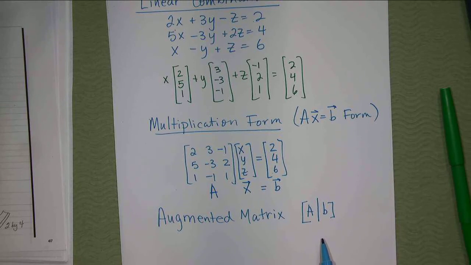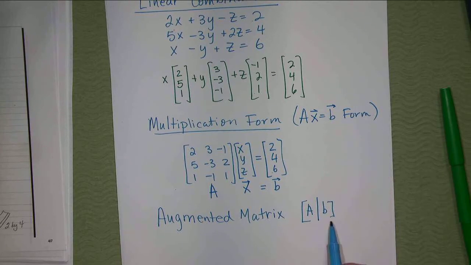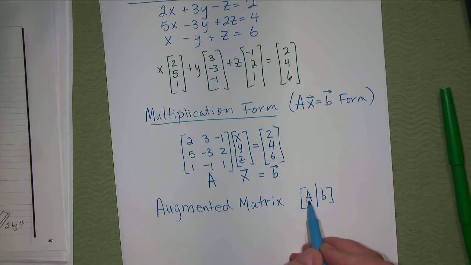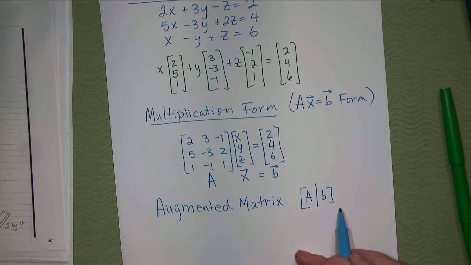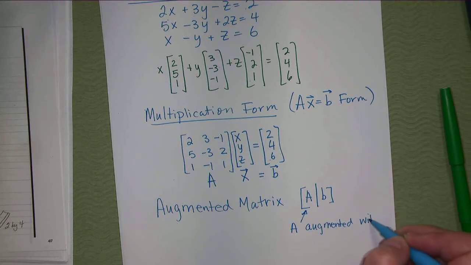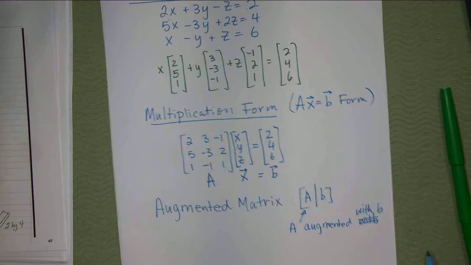Some books will put it as a dotted line instead of a solid line, but it is just a line, and it's like the equal sign. So here we just take A, and that line, you would say, augment it with B. So this is A augmented with B. That's how you would read that.